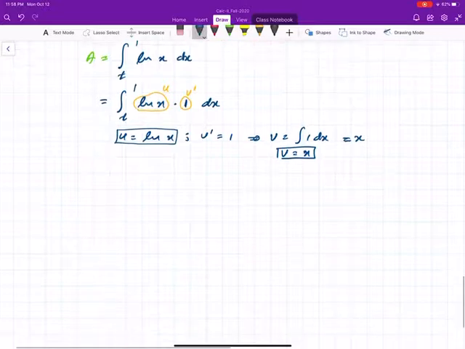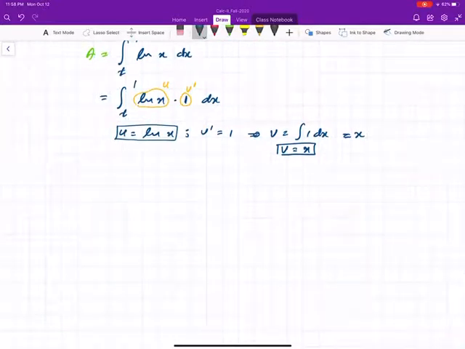If you use integration by parts, the formula should be the integration from t to 1. Let me write like this. So I'm using the integration by parts formula. It is uv, you have to apply the lower limit and then the upper limit, minus the integral of u prime times v dx.